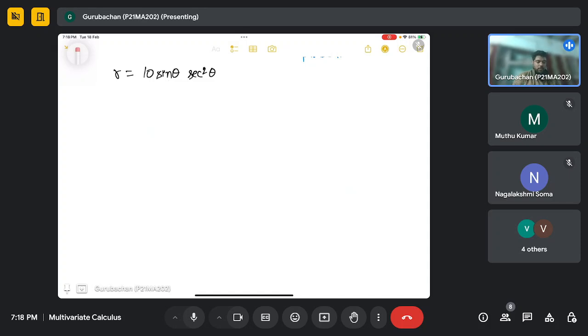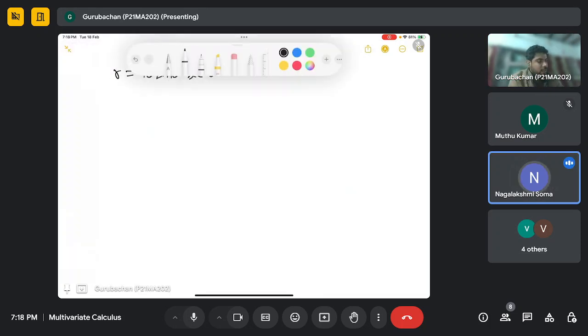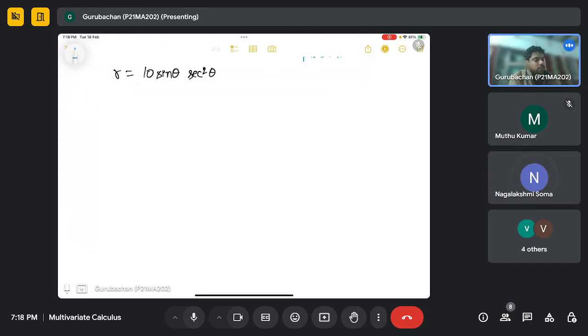Can anybody let me know what this represents? It represents x square equal to 10y. Yeah, exactly. So what I have done, I have just taken that cos square theta to the right hand side.